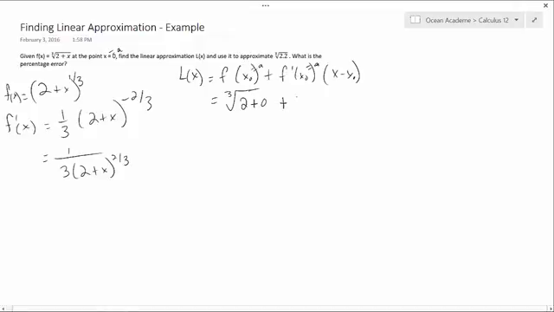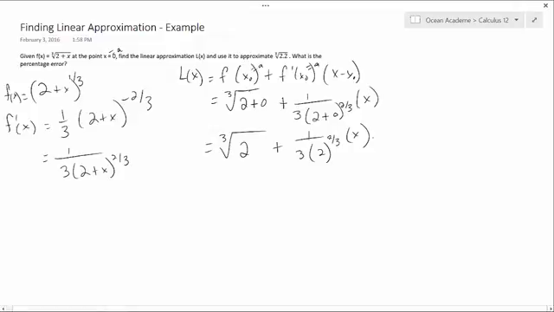This is plus our derivative, which was 1 over 3 times 2 plus, and again, instead of x, we're putting in 0, to the power 2/3, and this will be multiplied by x. Now just simplifying this, we've got the cube root of 2 plus 1 over 3 times 2 to the power 2/3 multiplied by x.